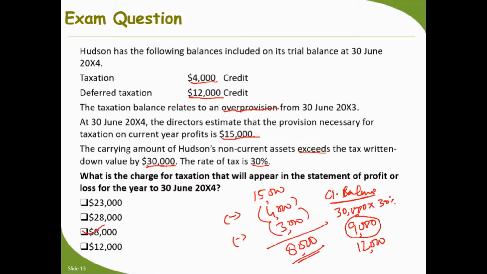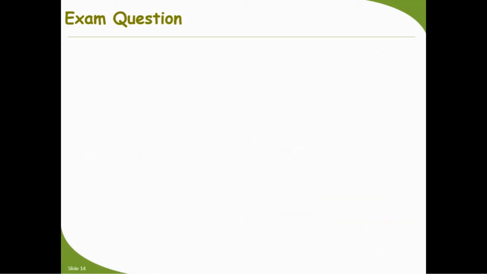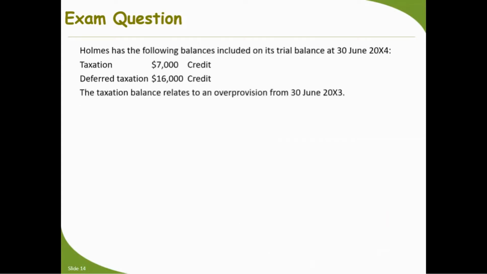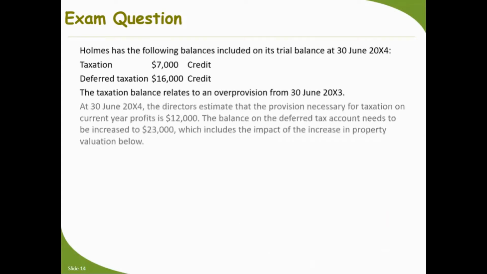So we are just supposed to concentrate on that particular pro forma. Then Holmes has the following balances included on its trial balance at 30th June 2004. Taxation 7,000 credit, deferred taxation 16,000 credit. So this is again when you have a credit balance, over provision, which is also indicated. If not indicated, again it is over provision.